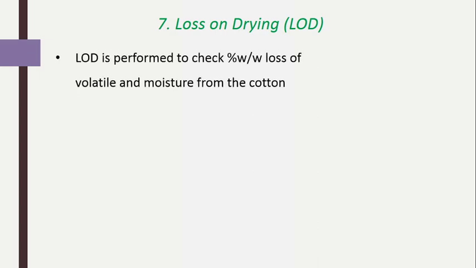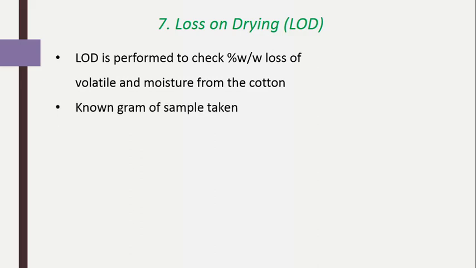Here we will see the loss on drying. LOD is performed to check the percentage weight by weight loss of volatile matter and moisture from the cotton. The absorbent cotton has a moisture content of 15 to 20%, which will evaporate when we provide heat to the absorbent cotton.